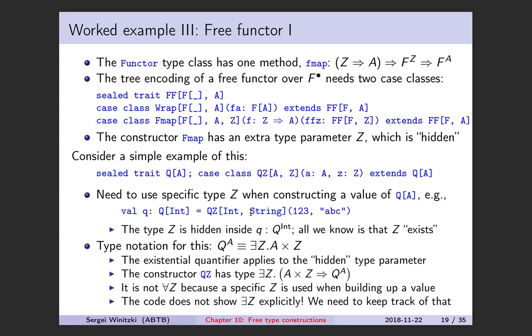It will not work for another z later. It will have that specific z baked in the value q once you construct it. So that's why it is an existential quantifier and not a universal quantifier. But the code does not show this explicitly. The code is a bit confusing.